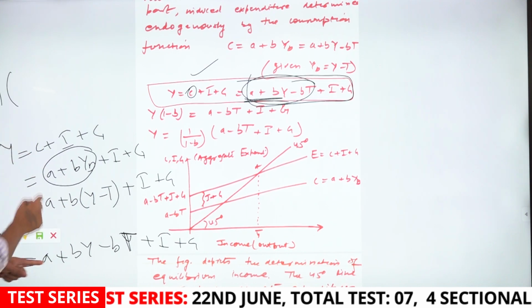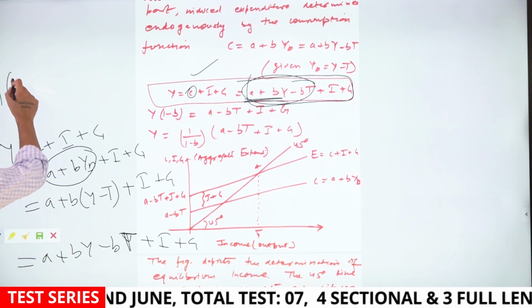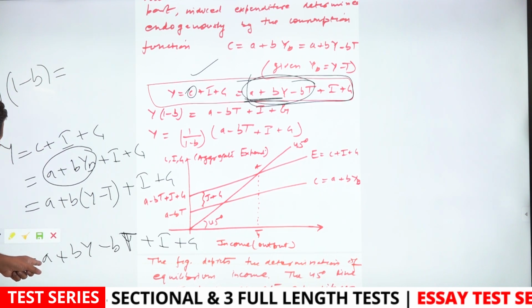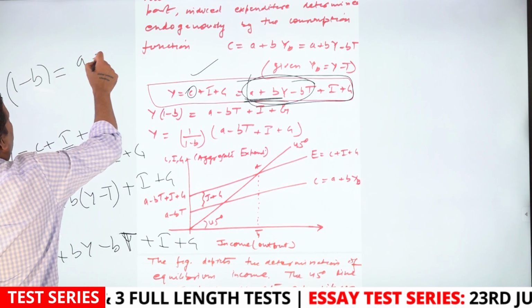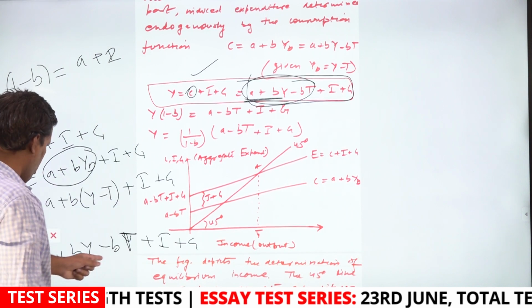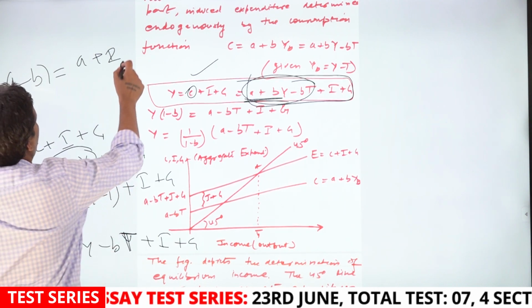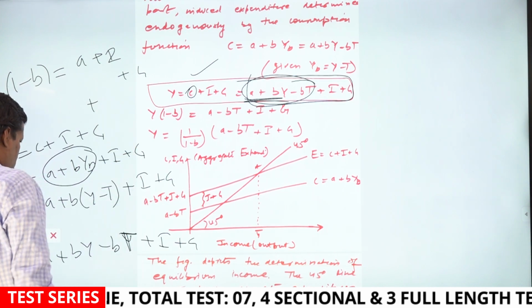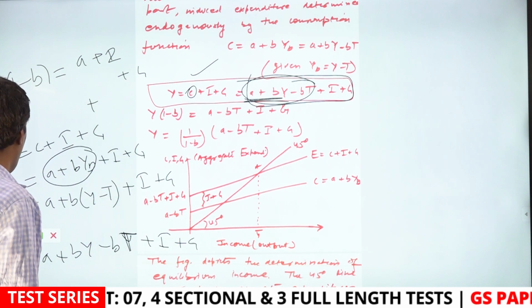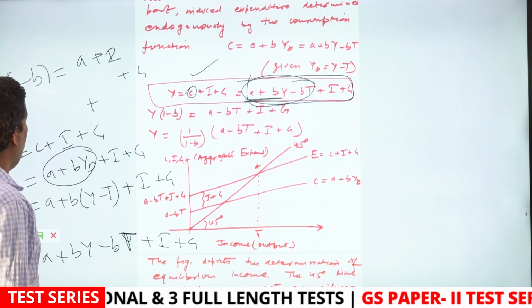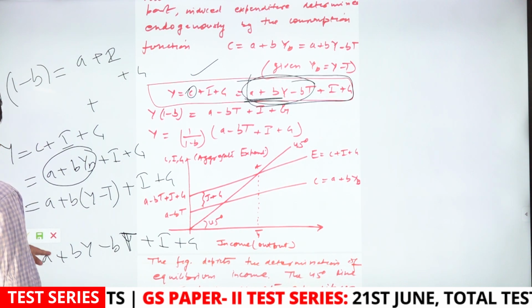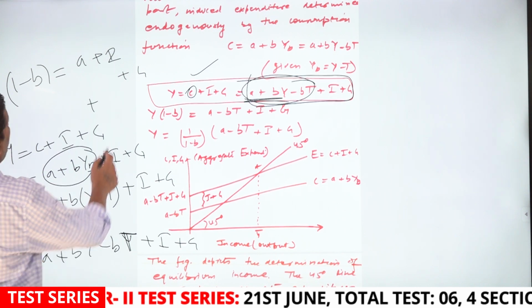Y, tell me, 1 minus B is equal to A plus I plus G. Sorry, this is minus BT, right?